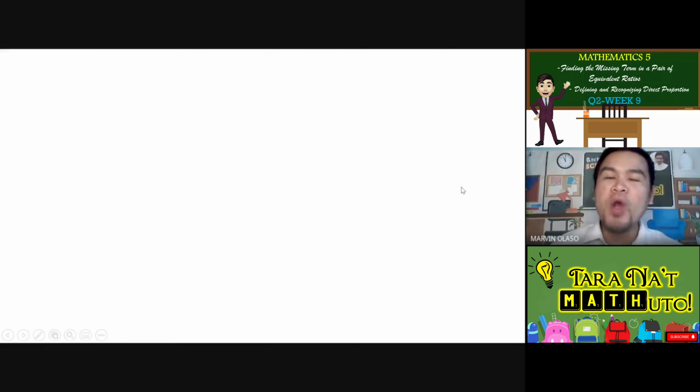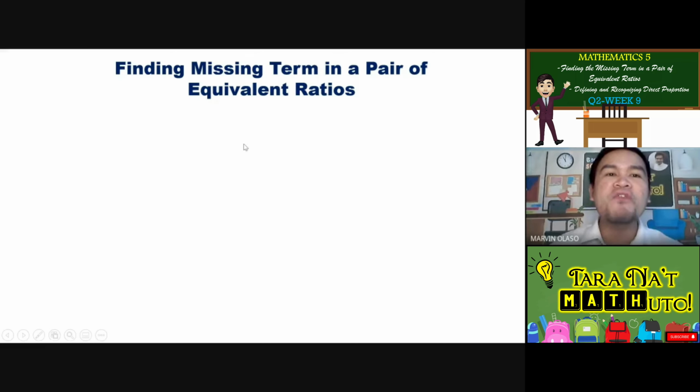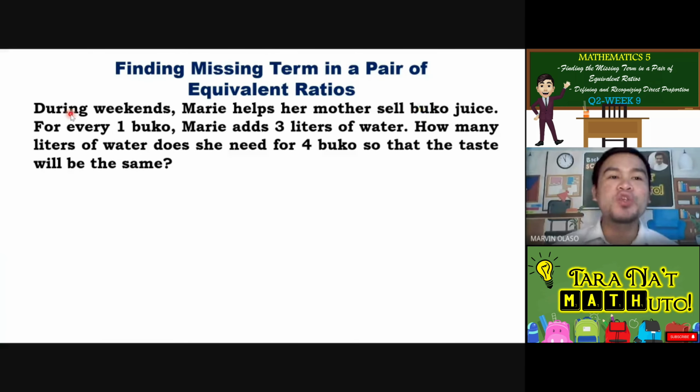So let's have now our first topic. We have finding the missing term in a pair of equivalent ratios. Okay? And now let's have this problem. During weekends, Marie helps her mother sell buko juice. O isang mabait na bata itong si Maria, no? Dahil tumutulong siya every weekend. For every one buko, Marie adds 3 liters of water.